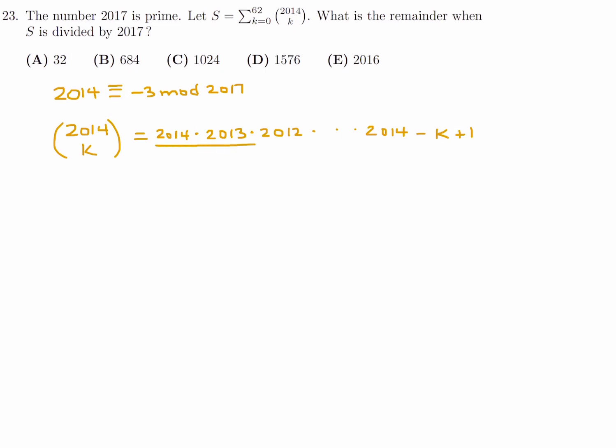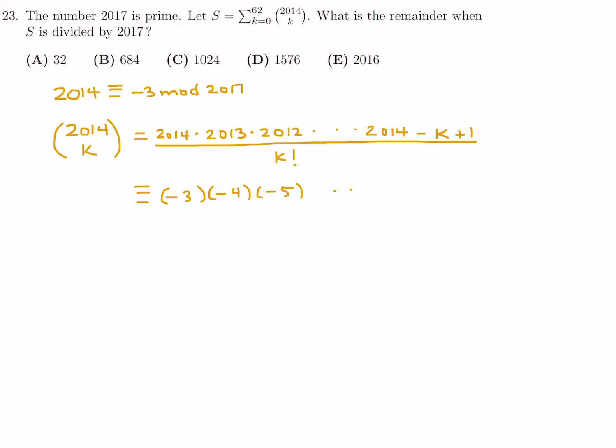And that's going to be all over k factorial. Now, if we use mod, that's going to be equivalent to minus 3, minus 4, minus 5, dot, dot, dot, all the way until, well, let's figure this one out.